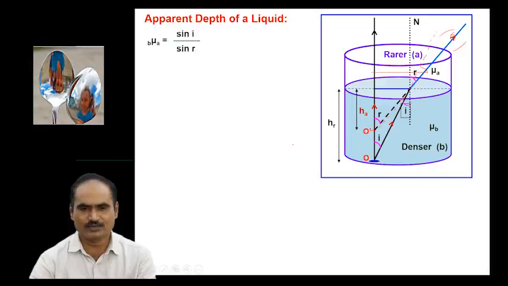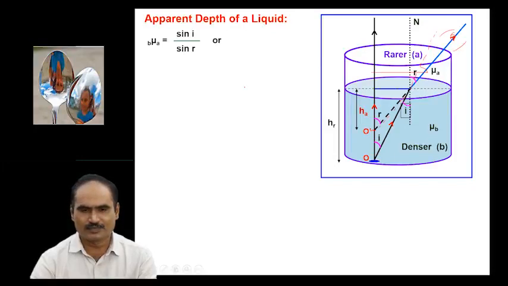Now when the light travels from a denser medium to a rarer medium, that is from the water medium to the air medium, the refractive index of the second medium will be taken as mu A. So refractive index of A with respect to B can be written as sin A by sin R, right?